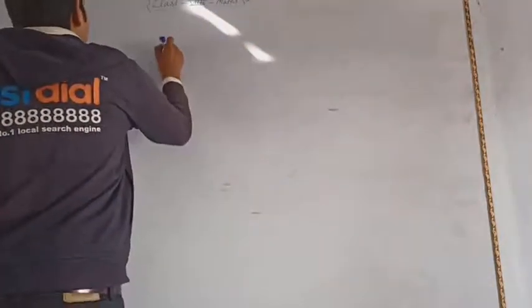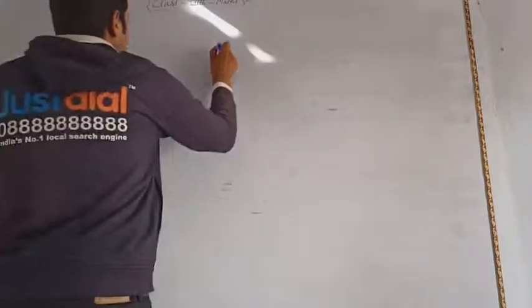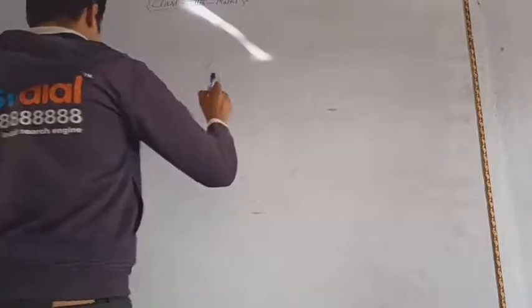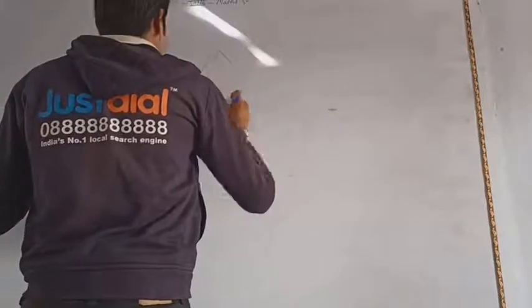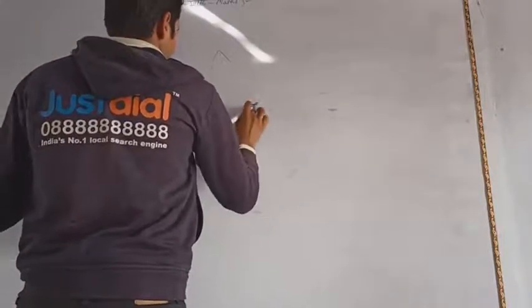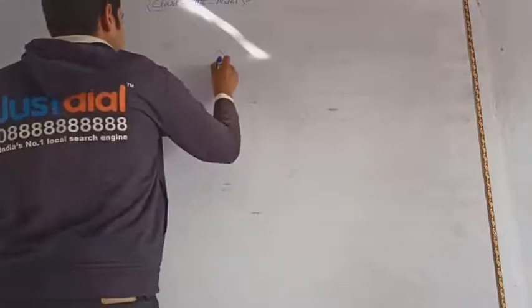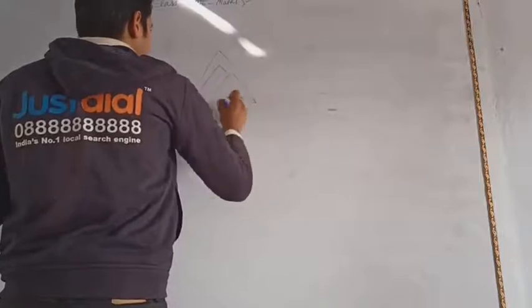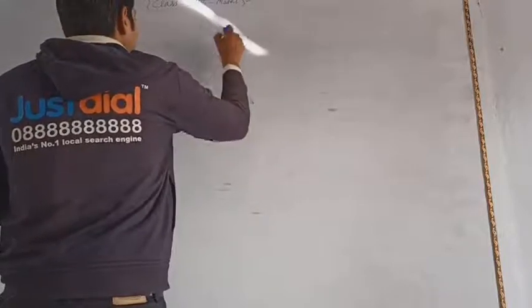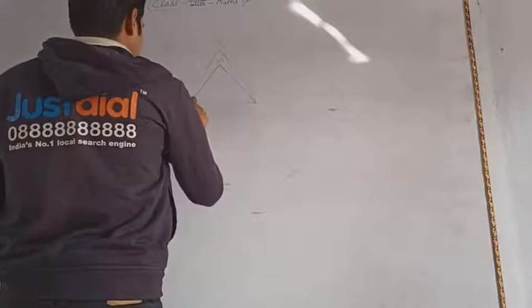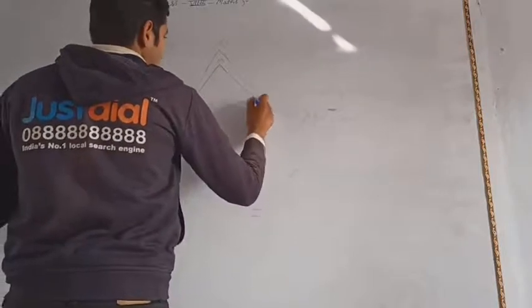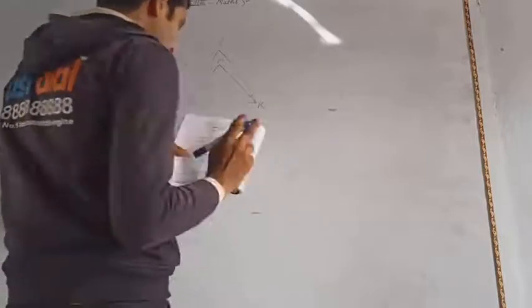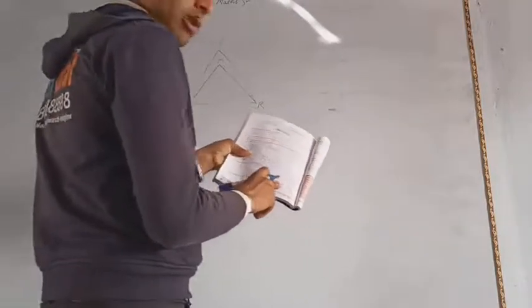Here in problem number 5, this type of figure is given, with points P, M, Q, and this is R.